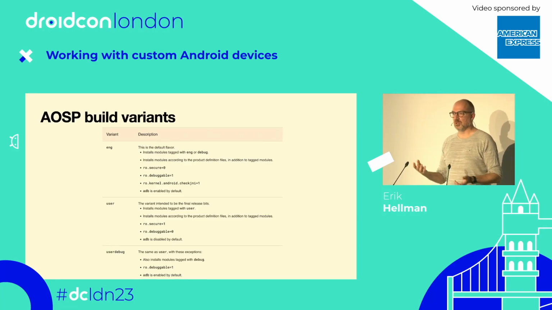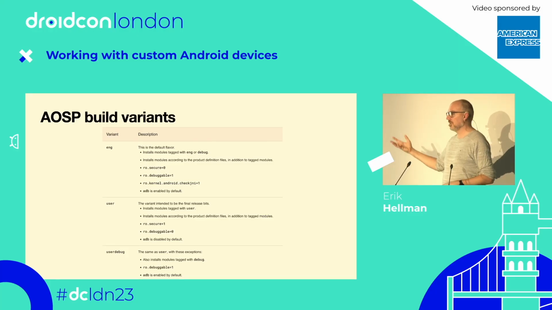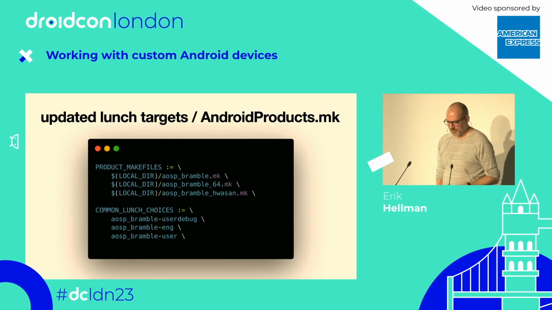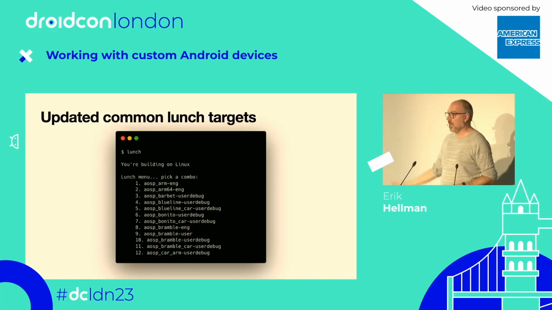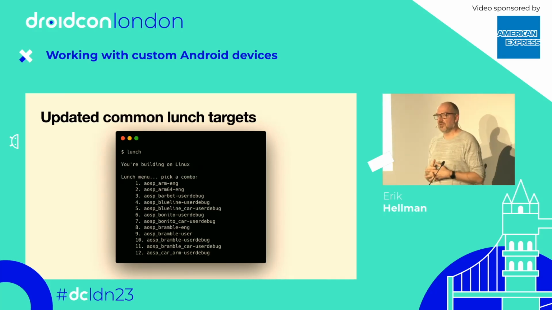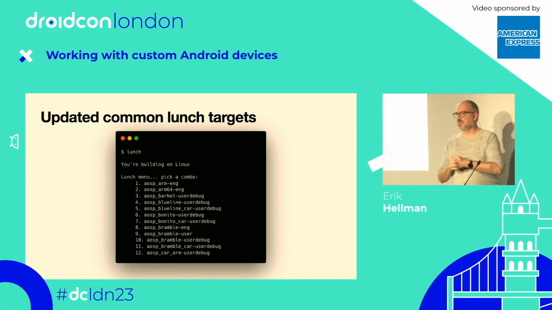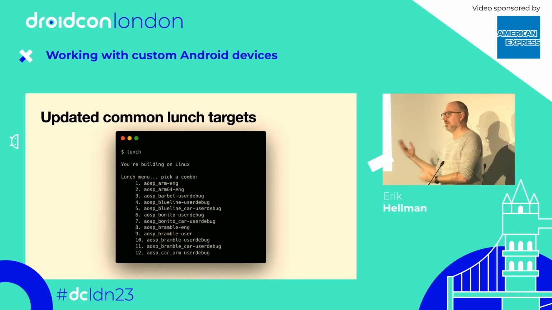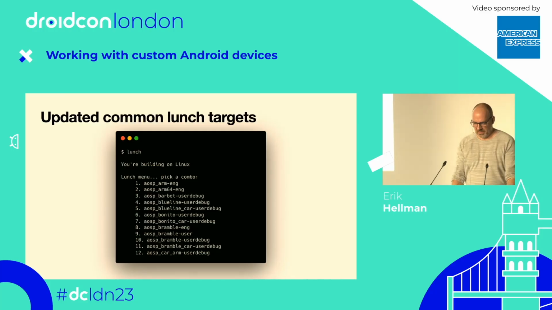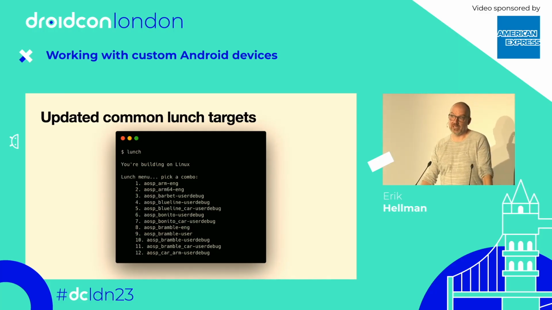You can run su in adb shell, so you can poke at all parameters while running. Otherwise, it behaves pretty much like a user build. User build is for release. Engineering build is for those people who really need to debug low-level kernel stuff and such. So if you add these and user here, they will simply show up in this list. So you might run into an integration partner that says, no, Qualcomm has stopped supporting engineering builds. That is not true. It just doesn't show up in the list by default. So then you can go back and tell them how to make it show up in the list.